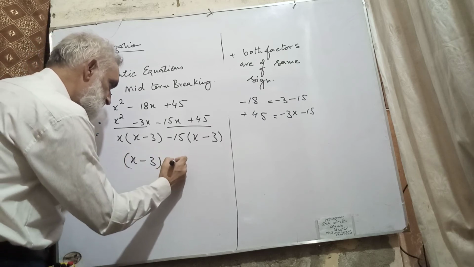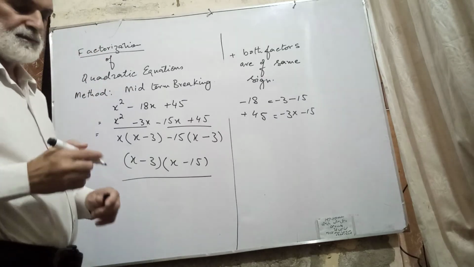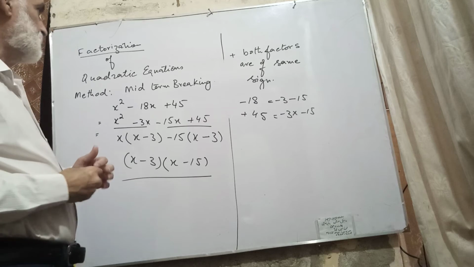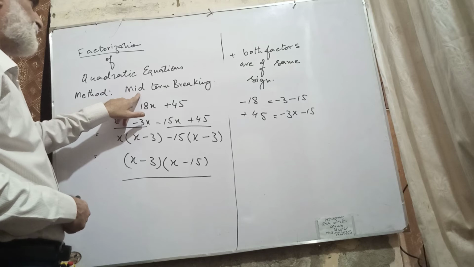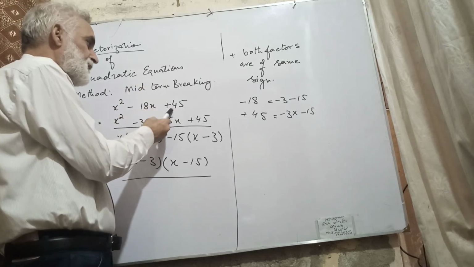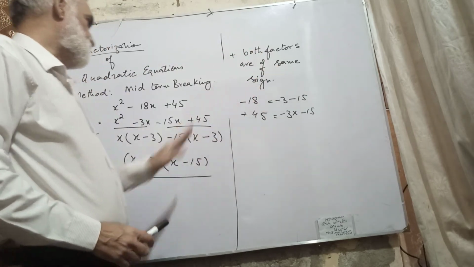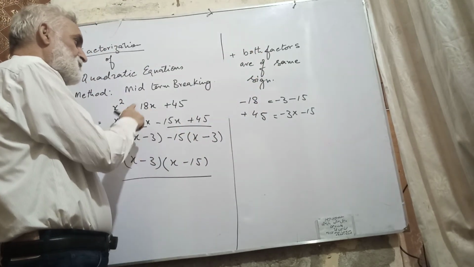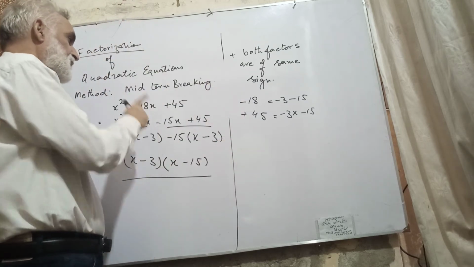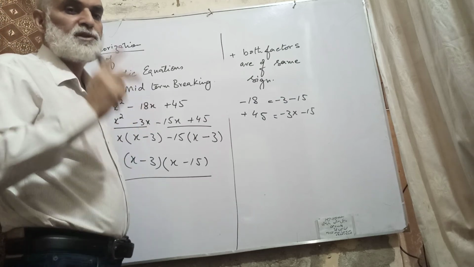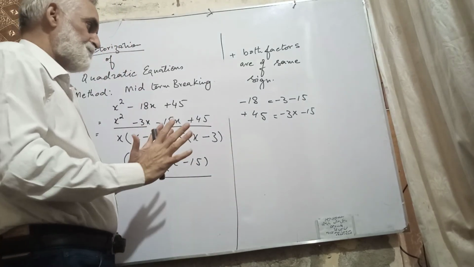We are left with x and minus 15, which is the answer. So I summarize today's lesson: the method for factorization of quadratic equations is the middle term method, and I took the plus sign here. If the last sign is plus, it means both factors are of the same sign: if the middle sign is plus, both factors are plus, and if it is minus, both factors are minus, but both factors will be of the same sign, right?